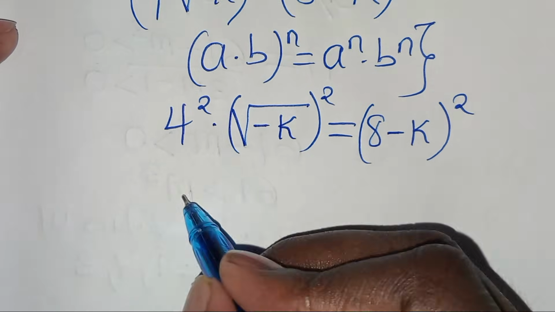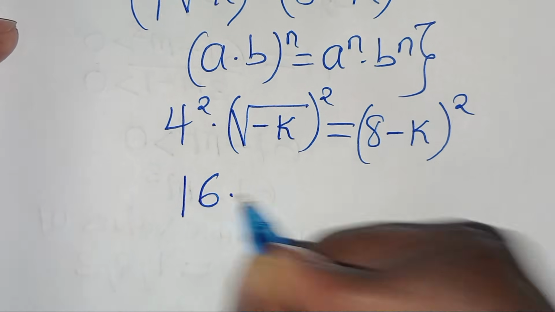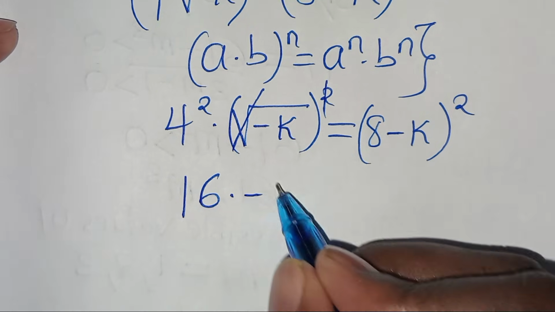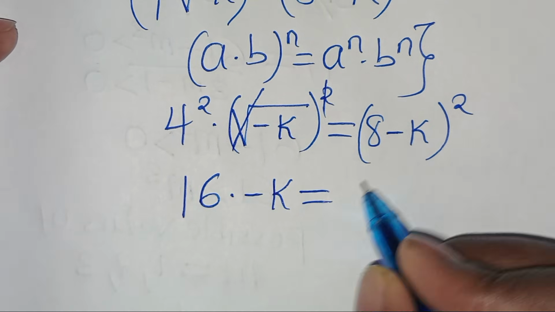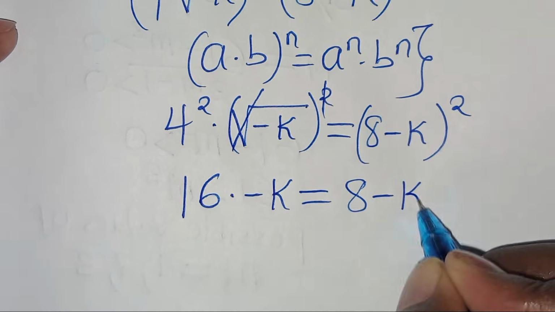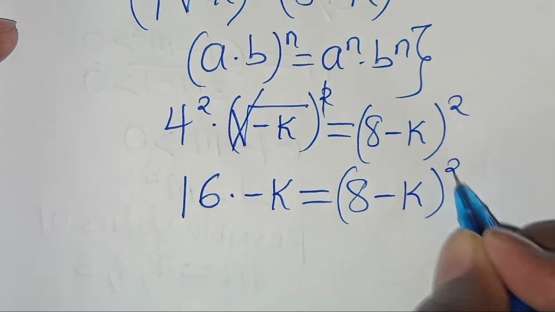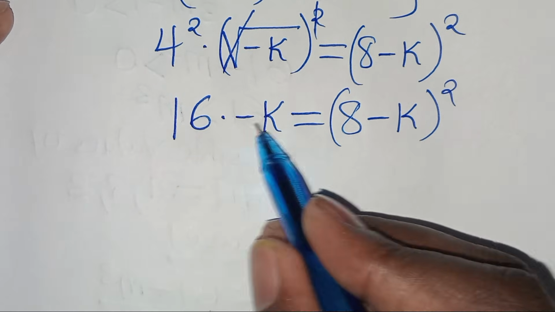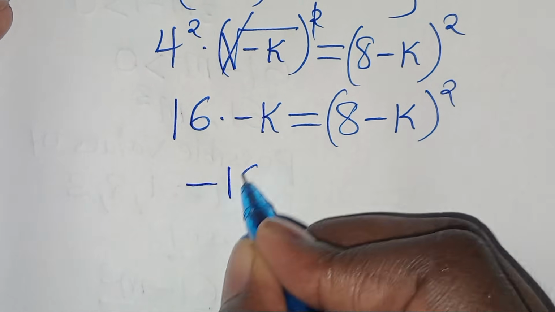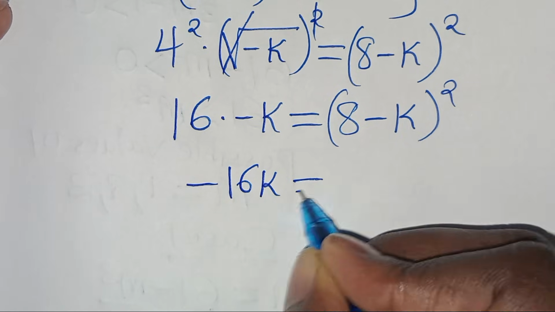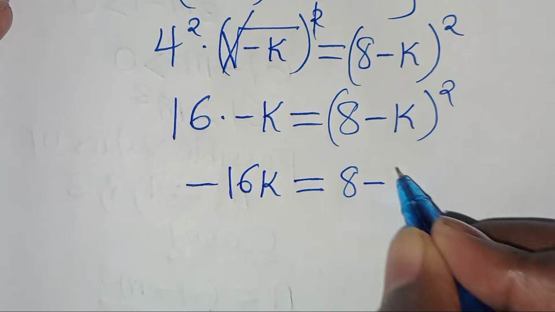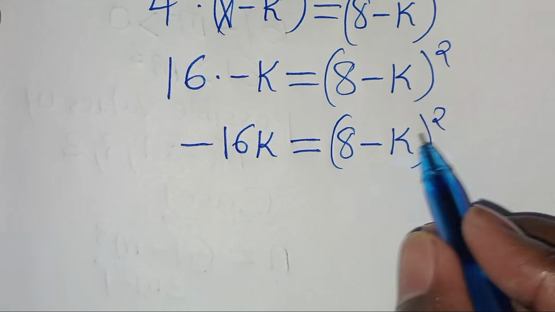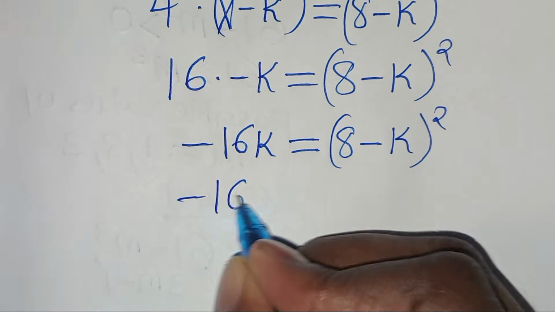So this is 4 squared, which is 16, times, let's eliminate the square root sign here. So this is times minus k. This is equal to 8 minus k raised to the power of 2. So we have 16 times minus k. This is minus 16k. This is equal to 8 minus k raised to the power of 2. So let's expand this. So we have minus 16k.